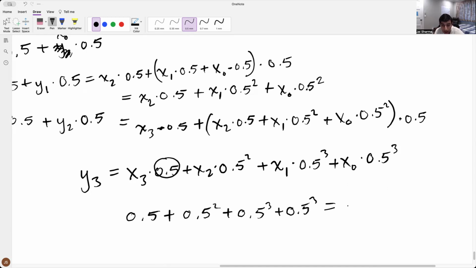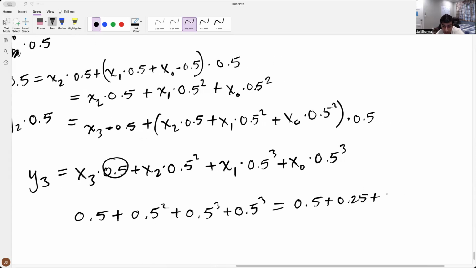This is just 0.5 plus 0.25 plus 0.125 plus 0.125, and this is all equal to 1.